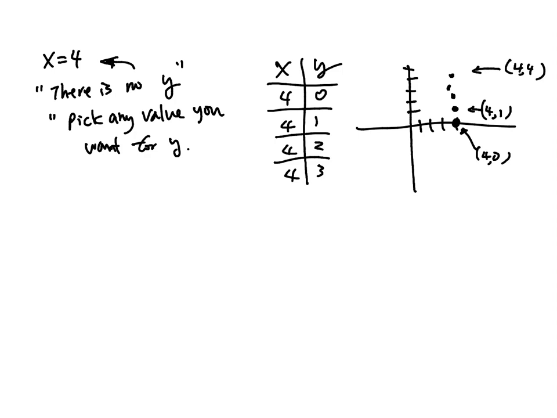And notice, when you connect those dots together, this is a vertical line through 4, 0. Okay. x equal to 4 is a vertical line. Right? If you make a table.